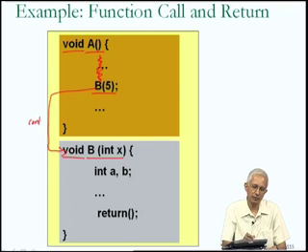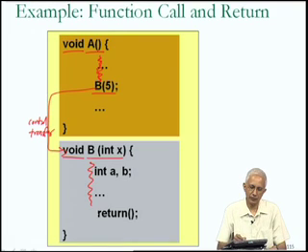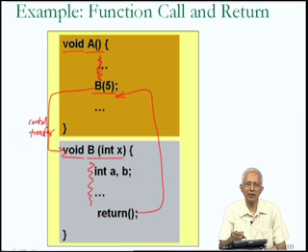So this was the control transfer associated with the function call. After this, the instructions of B are executed until the return, at which point control gets transferred back to just after the function call inside A. So this is what we know about function calls.